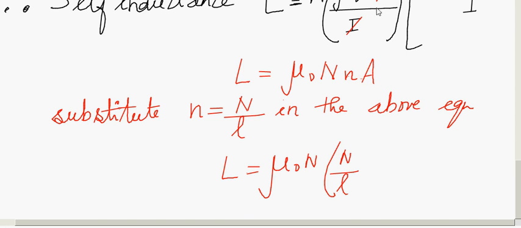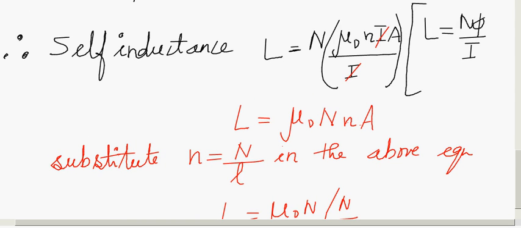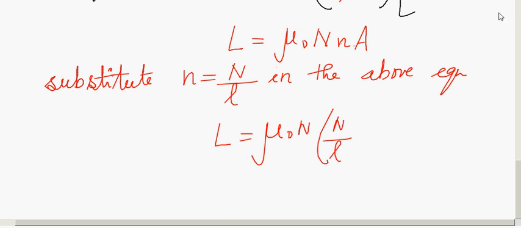L is mu naught, because I got cancelled and the remaining term was A. Instead of I you write A. Mu naught into N by L into A, and this gives rise to mu naught N square A by L.